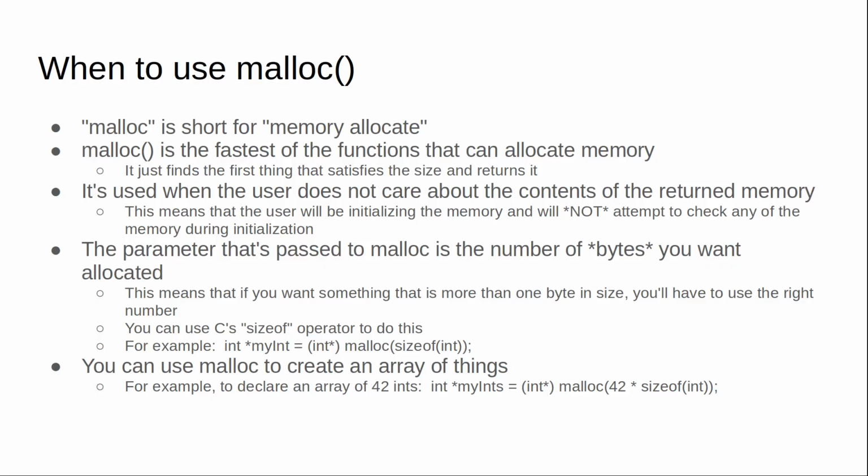Number of bytes is passed into malloc. Okay, so if you want something that is more than 1 byte in size, you have to use the right number of bytes. You can use C's sizeof operator to do this. You may or may not have encountered this in your introduction to C course. So for example, if I want to allocate memory that's going to hold an int, I can use malloc(sizeof(int)).